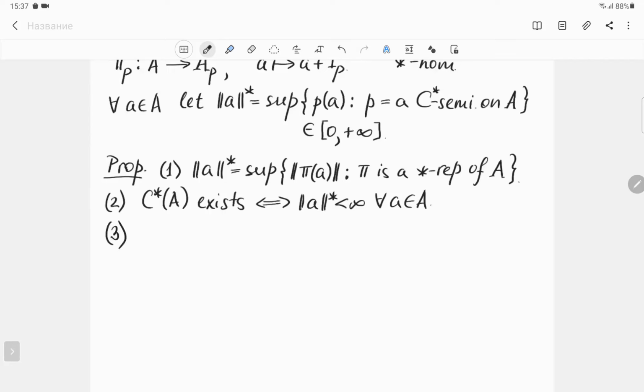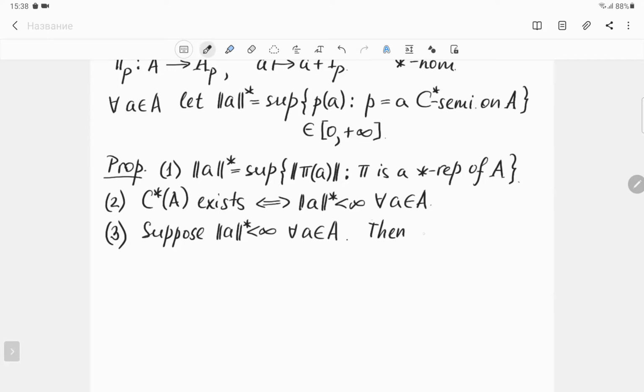And part 3, if it is finite, so suppose that it is finite for each A in our algebra, I claim that in this case, the C-star envelope can be described explicitly as follows.